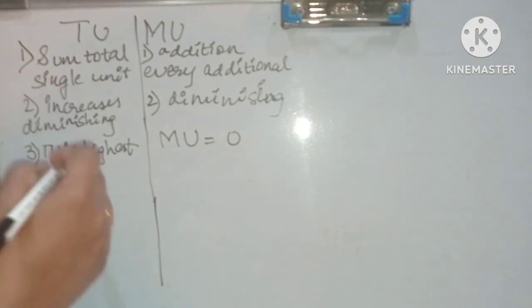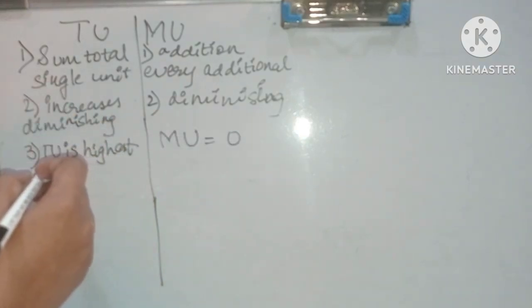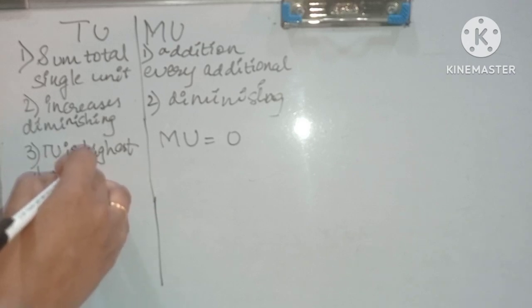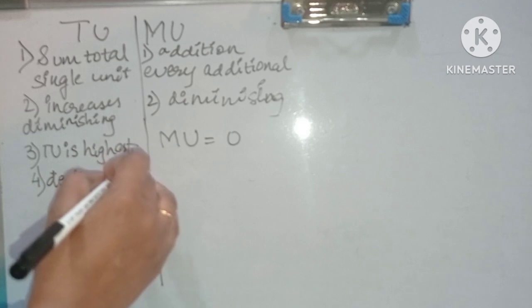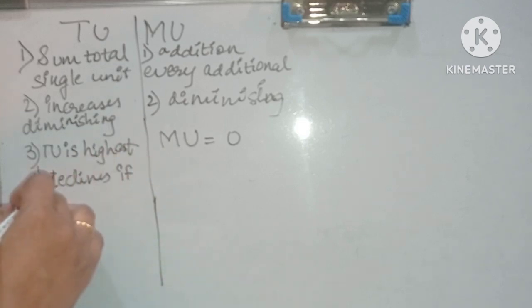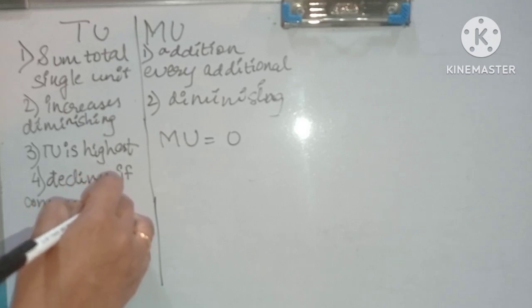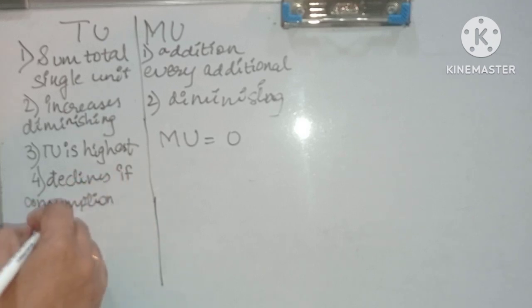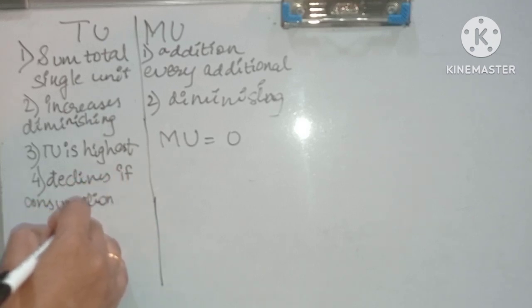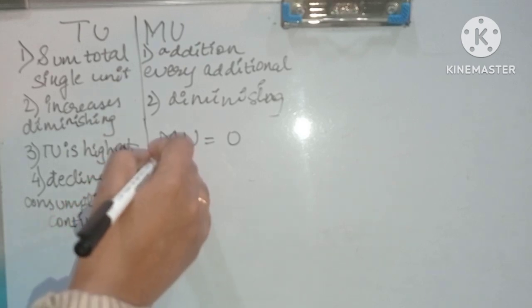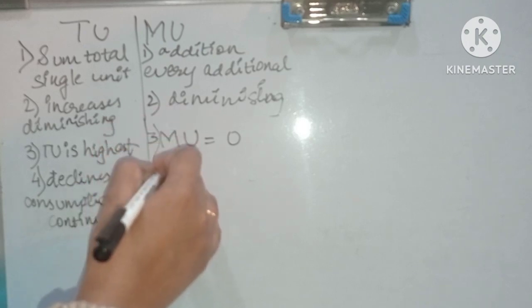And here, as you go on increasing the total utility, it will decline if the consumption continues. If someone goes on consuming the units, it will decline. This is 3 and this is 4.